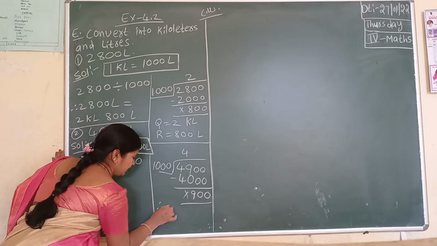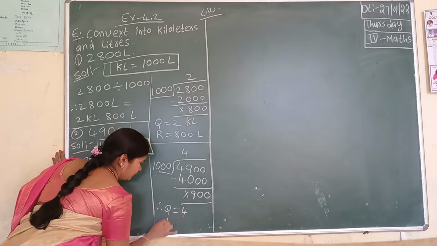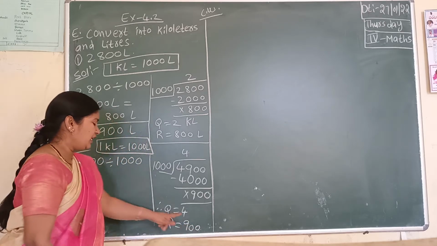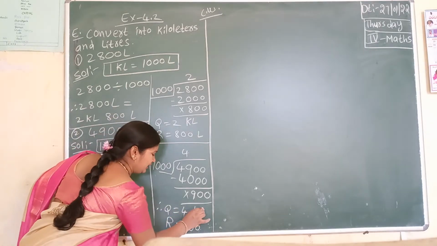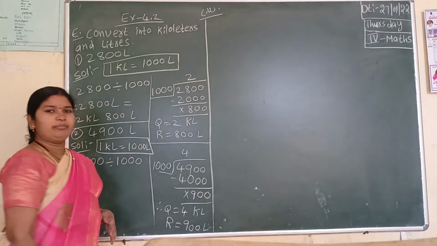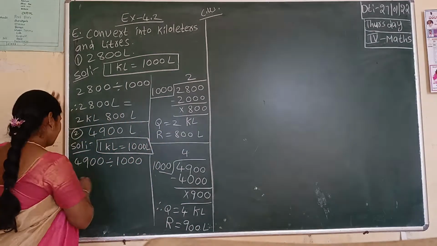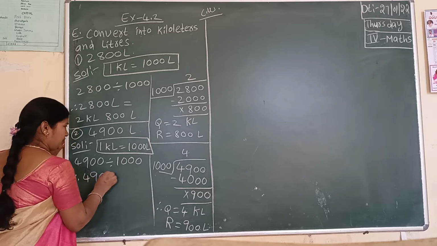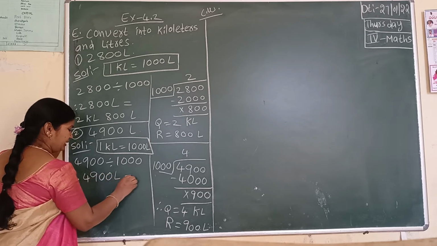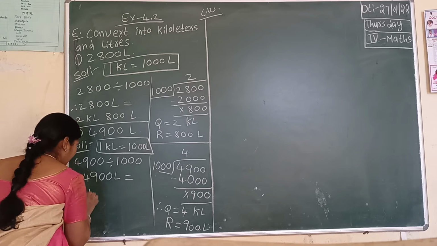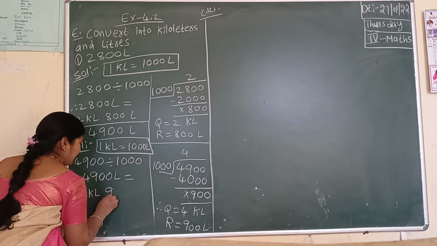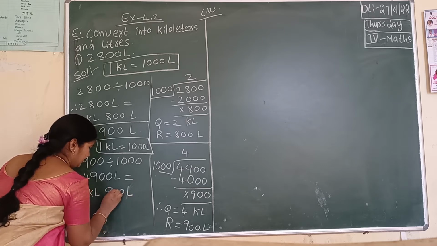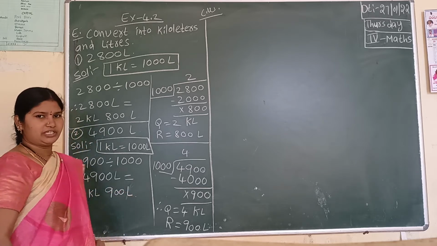What is the quotient here? 4 and remainder 900. The quotient number becomes the kiloliters and the remainder number becomes the liters. Therefore, 4900 liters becomes 4 kiloliters and 900 liters. It is our answer.